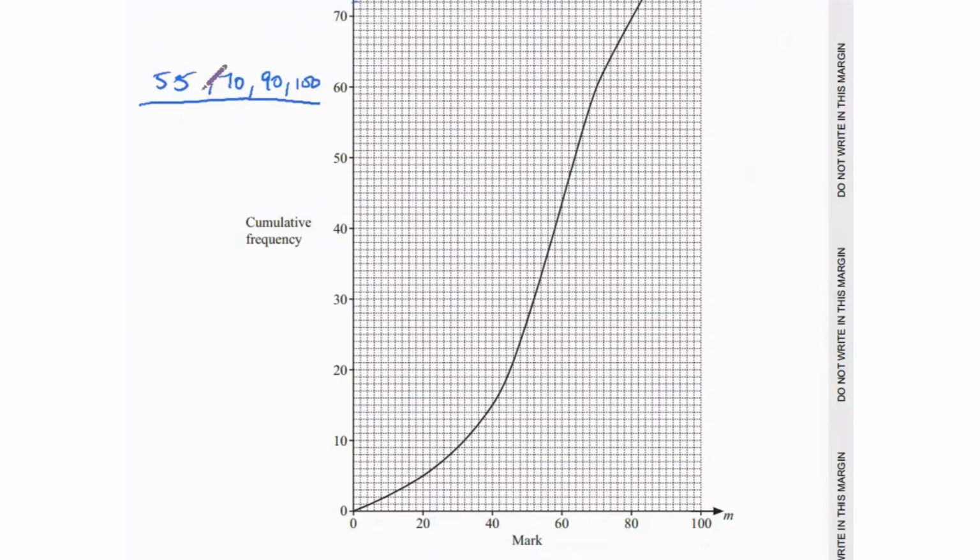So we have to find their corresponding cumulative frequency values. 42, 44, 46, 48, 50, 52, 54, 56.